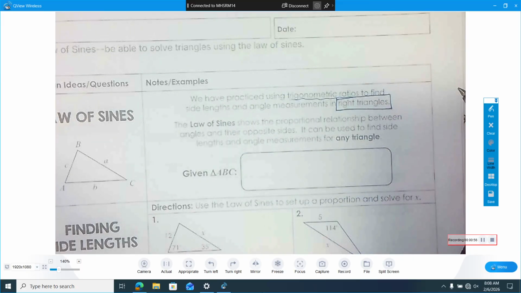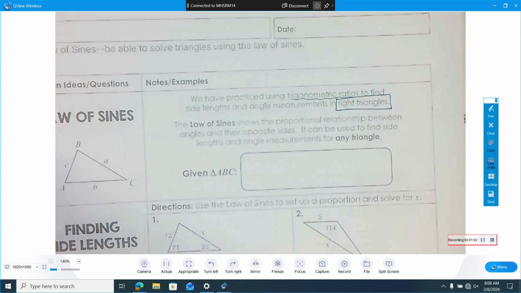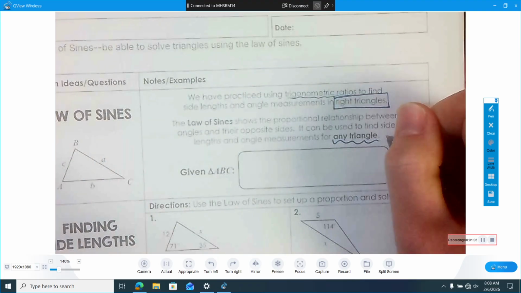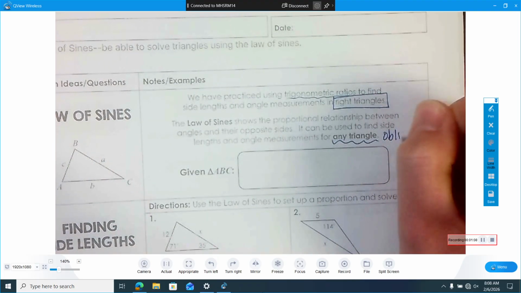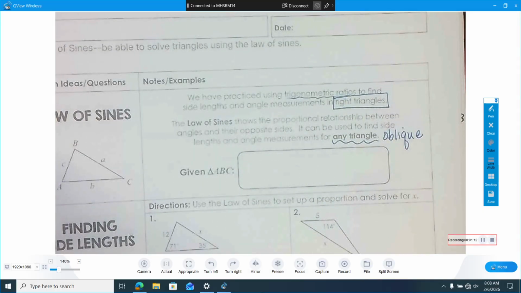So law of sines shows the relationship between angles and their opposite sides, and it can be used to find lengths and angles of any triangle, which also might be called oblique. Oblique triangles are non-right triangles, so you don't have to have a right angle, and we can still apply the law of sines.